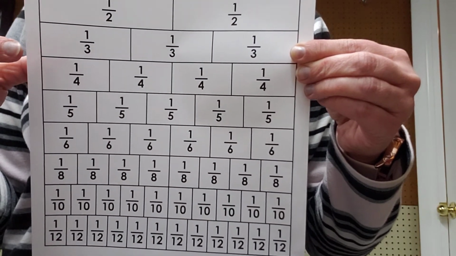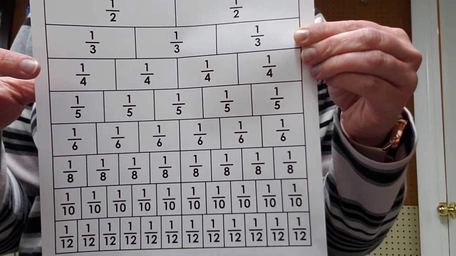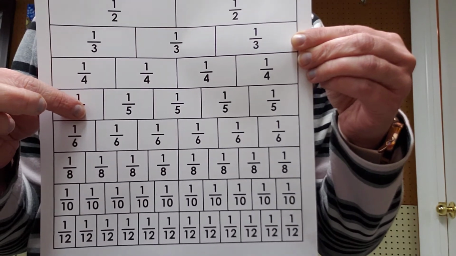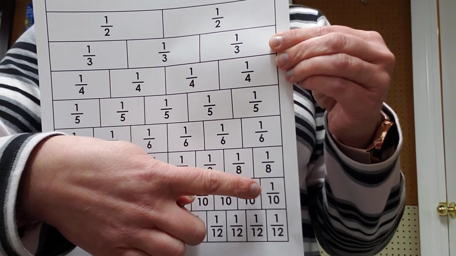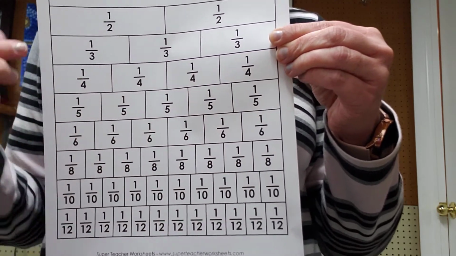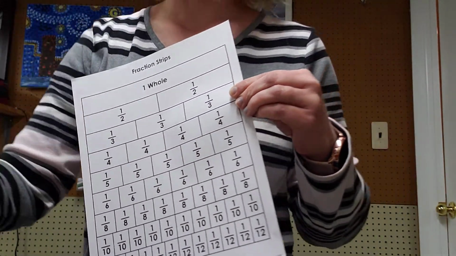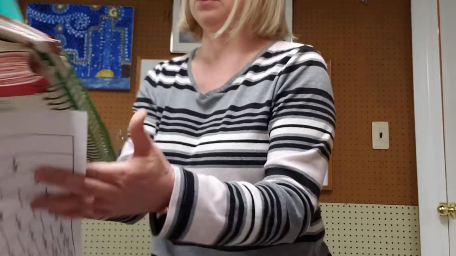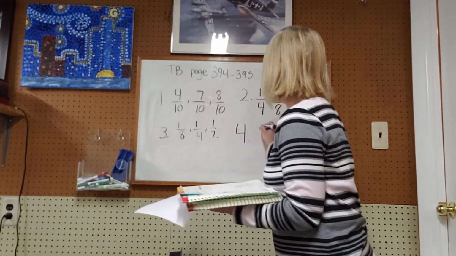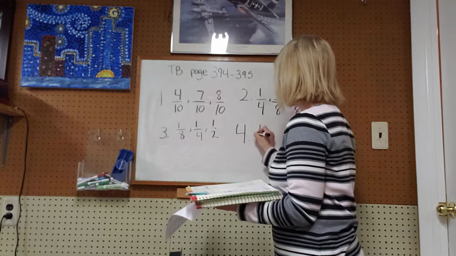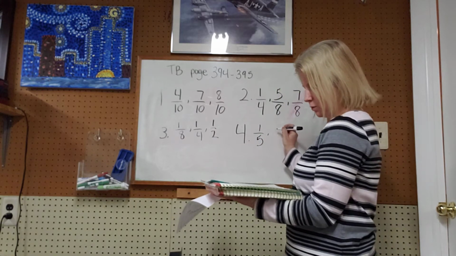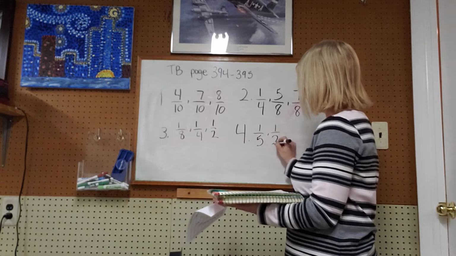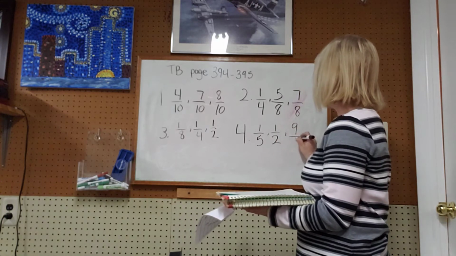The smallest one is 1/5. That's the least. The next one, 1/2. The largest is 9 tenths. So number 4, the order goes 1/5, 1/2, 9 tenths.